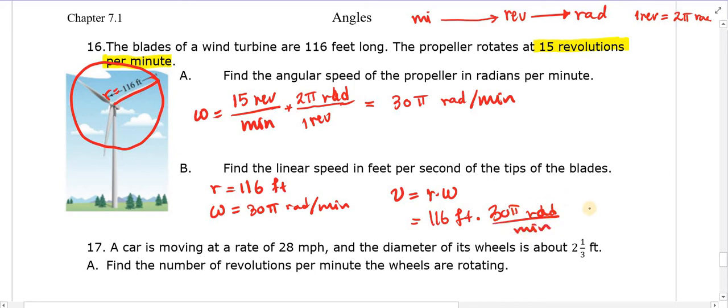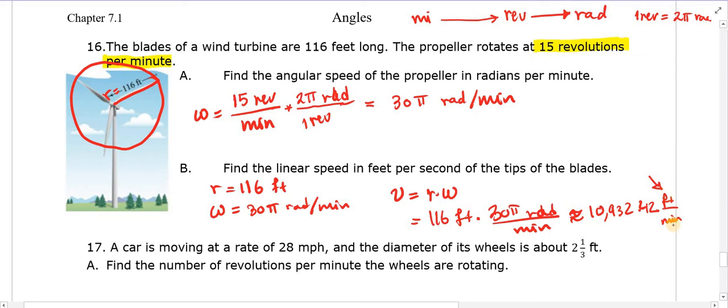Remember, radians is not a measure, so the final answer, let me do the math really quick, since we're approximating pi by 3.1415, is approximately 10,932.42. The measure is feet times radians, which is feet per minute. So you see here, this is a linear speed because the measure is in feet per minute.